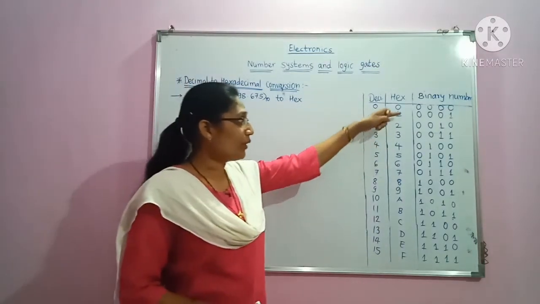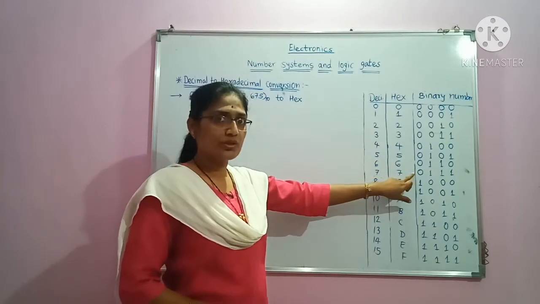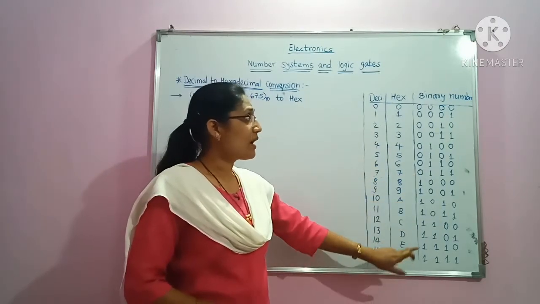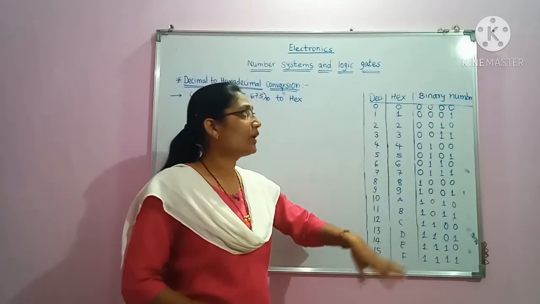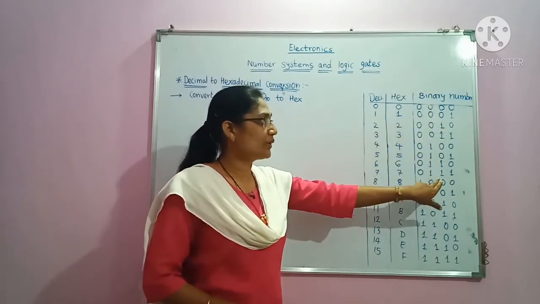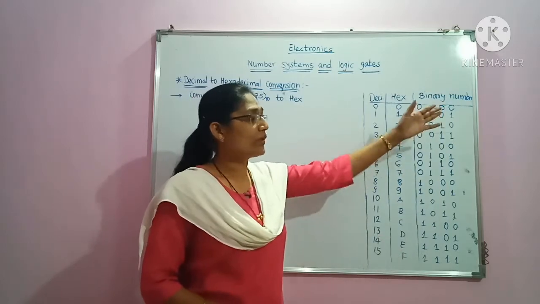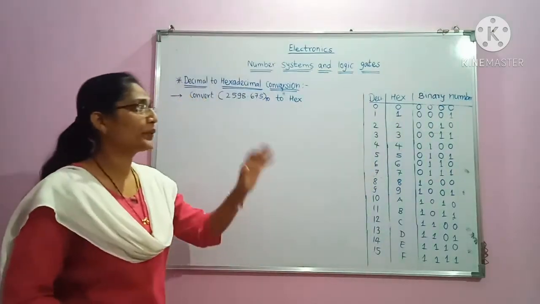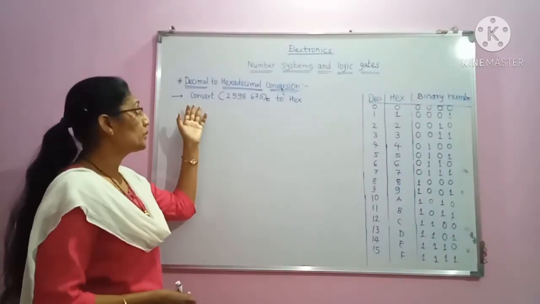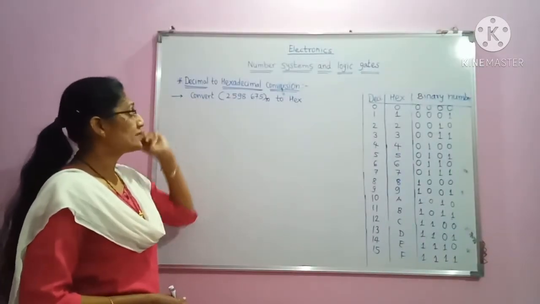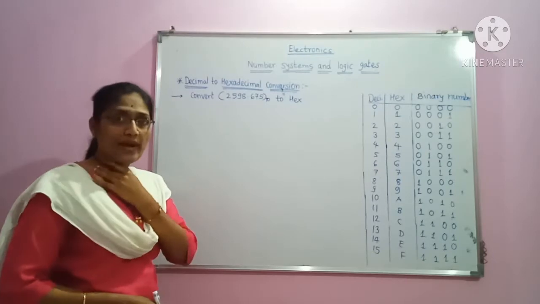So you can write 8 zeros initially and 8 ones. After that 4 zeros, 4 ones, 4 zeros, 4 ones. Then 2 zeros, 2 ones, 2 zeros, 2 ones. Then 1 0 1 1. Like that you can easily recite this whole table in order to convert hexadecimal to decimal or decimal to hexadecimal number systems.